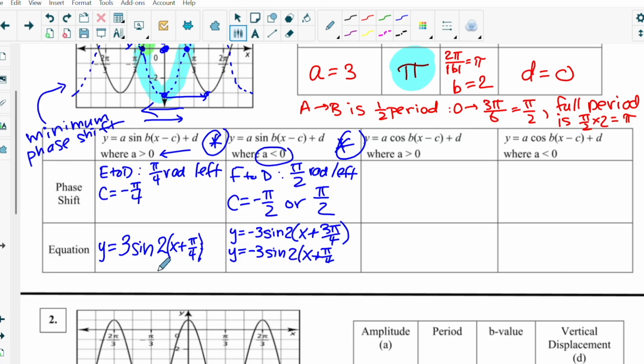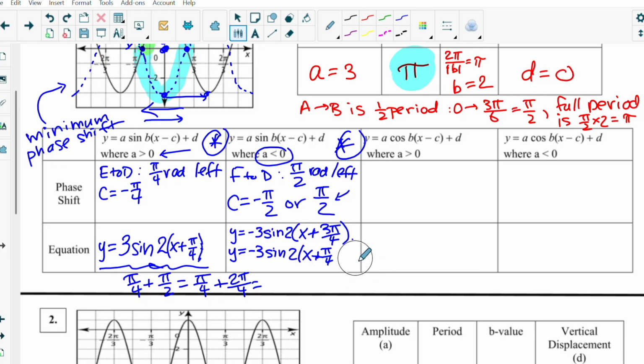So I'm taking this original equation. I adjusted it for the a is less than 0 right there. Okay, and then I'm applying my phase shift. Let's do the positive phase shift. That's plus pi over 2. Well, off to the side, pi over 4 plus pi over 2 equals pi over 4 plus 2 pi over 4. Hang on folks, sorry.